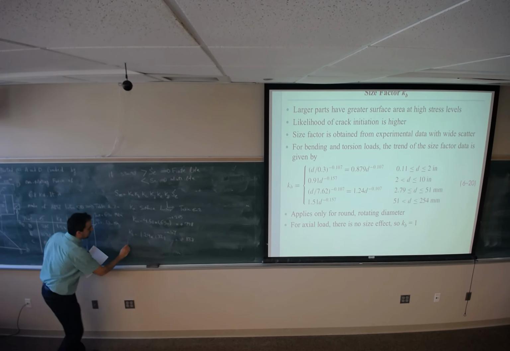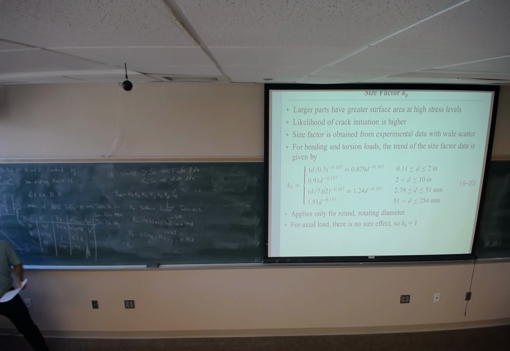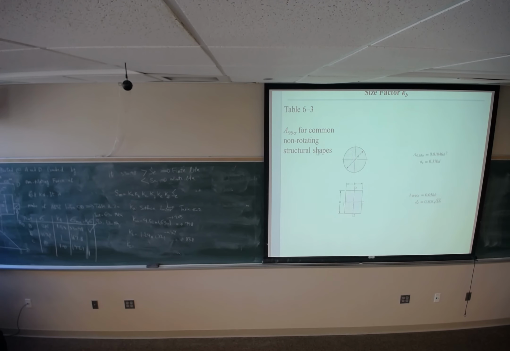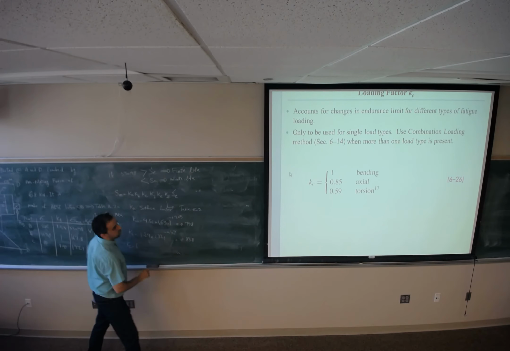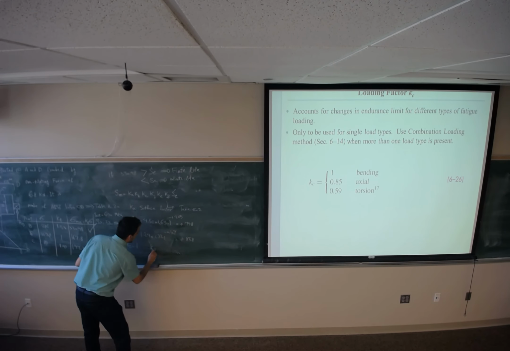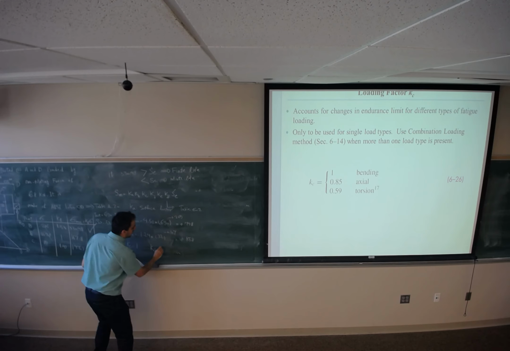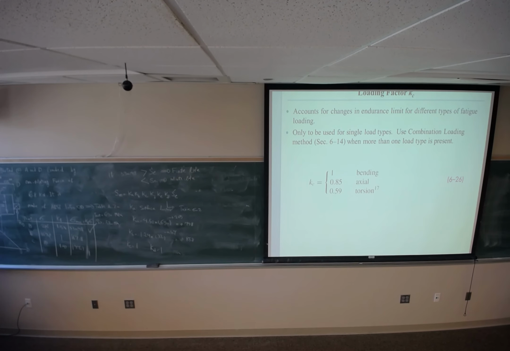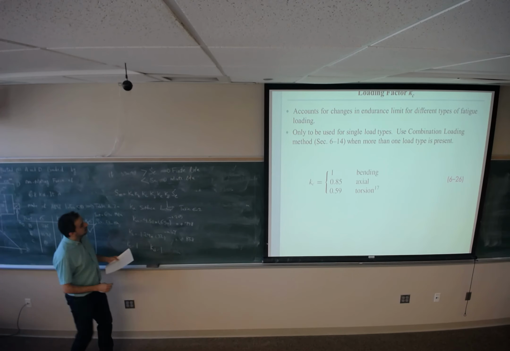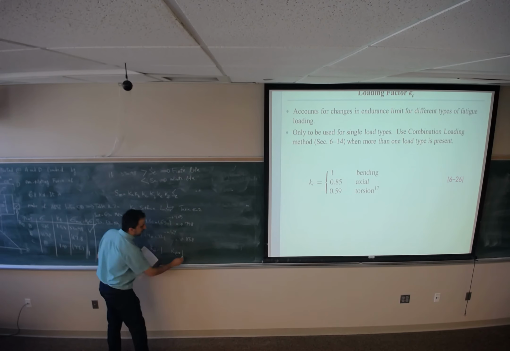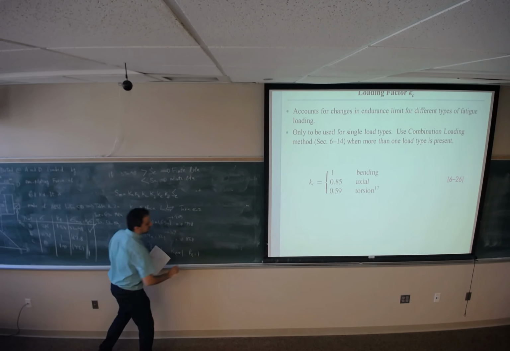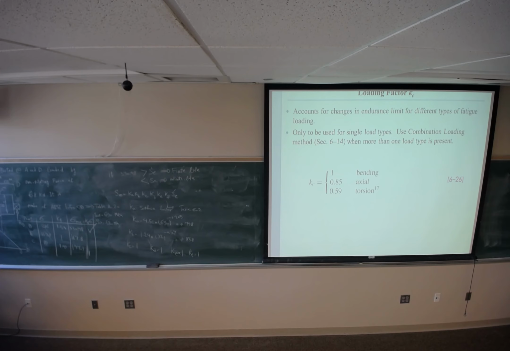KC is the load factor. For bending, we have 1. KD is temperature. It's not talking about temperature, so I can assume it equals 1. And reliability, it doesn't talk about reliability, so you can assume it's 1. And the other factor, it doesn't talk about it, so we can assume 1.